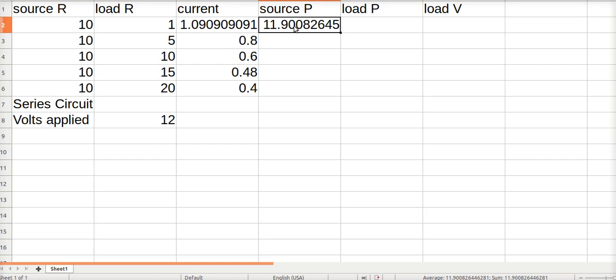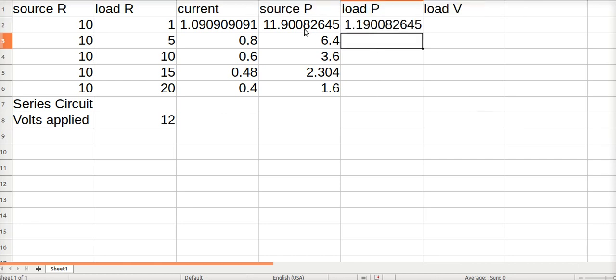I can Control C, copy, and Control V. Boom. Load power will be my current squared times my load resistance. So I can say equals my current squared, which is still C2, quantity squared times B2.